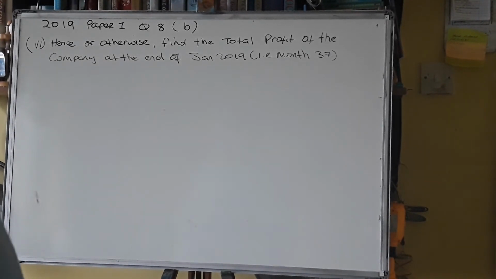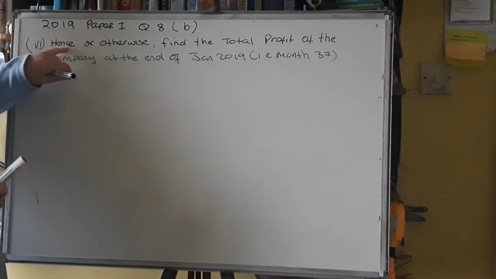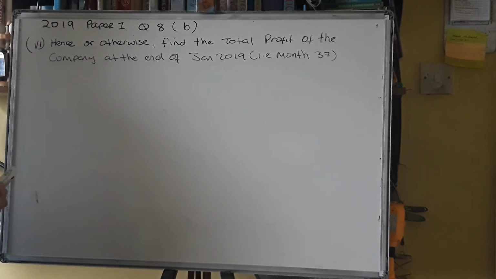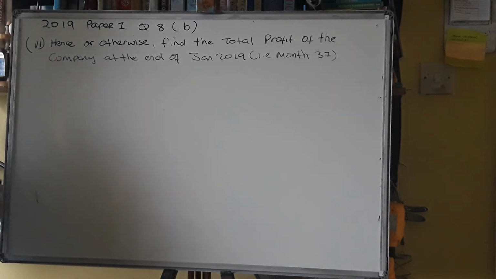Okay, so the last part of this question, part 6. Hence or otherwise. Now note the word hence. Okay. Hence or otherwise, find the total profit of the company at the end of January 2019. So pause it there and then have a go of it and press play to see the solution.